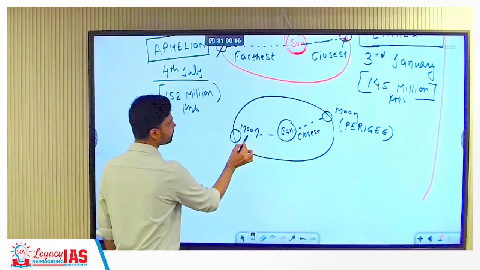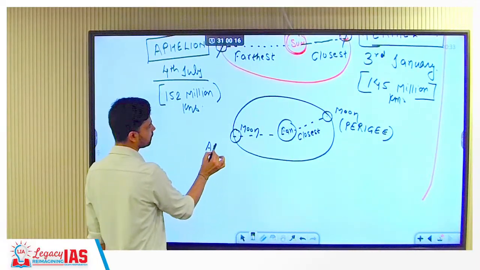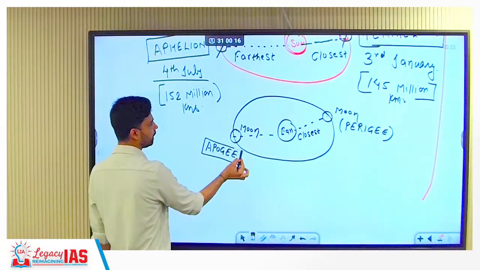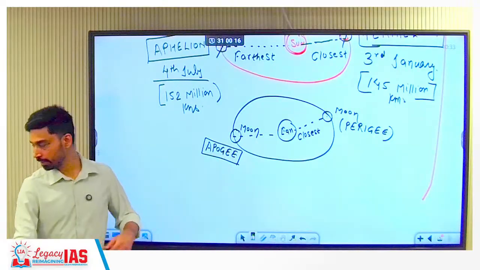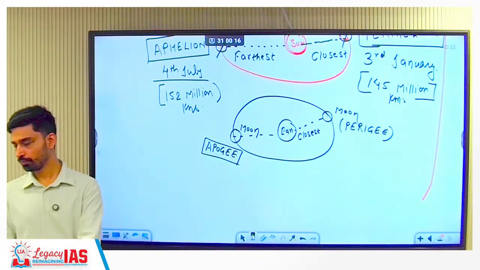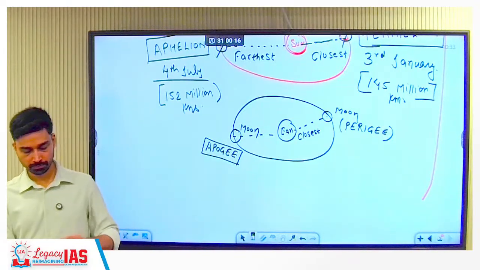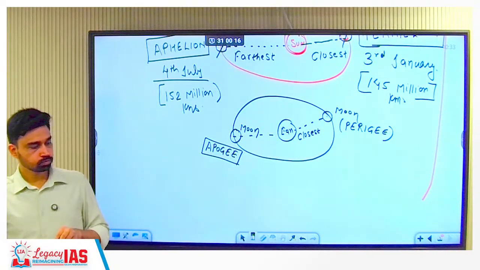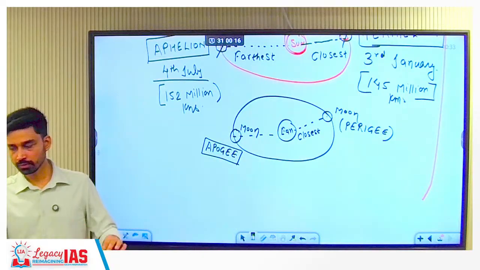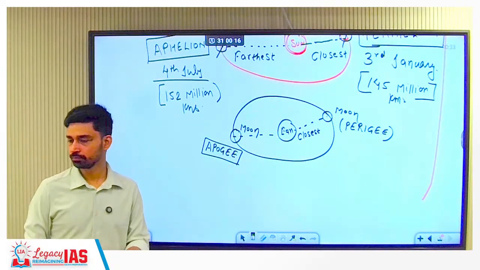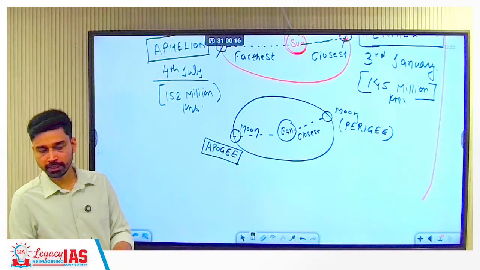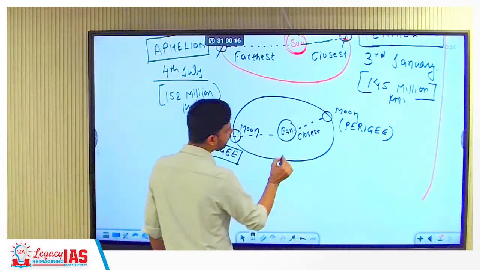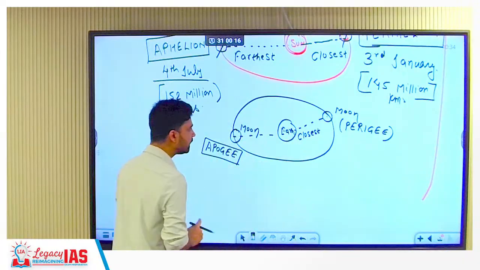And when the Moon is farthest from the Earth, it is referred to as apogee. So we have perigee and apogee.